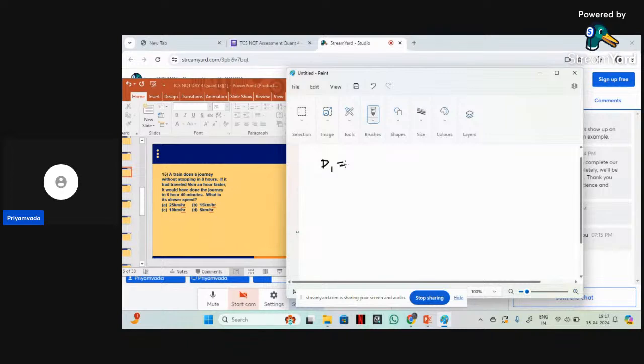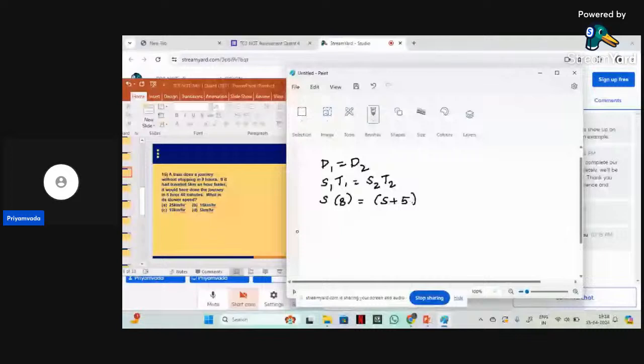D1 equals D2, because the distance traveled is the same in this scenario. In the first scenario, the time is 8 hours, and in the second scenario the speed is 5 kilometers an hour faster. So s2 will be s plus 5. Then what is the time given? 6 hours 40 minutes.